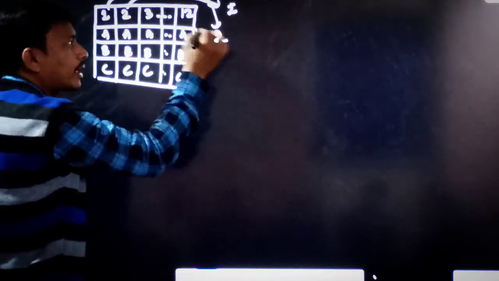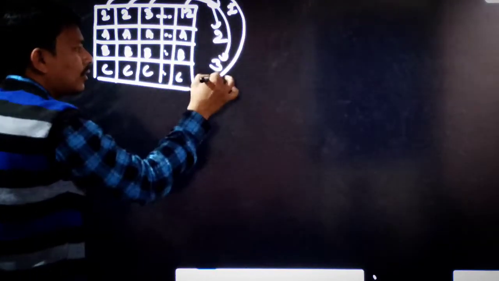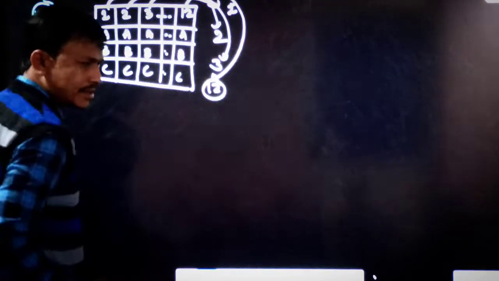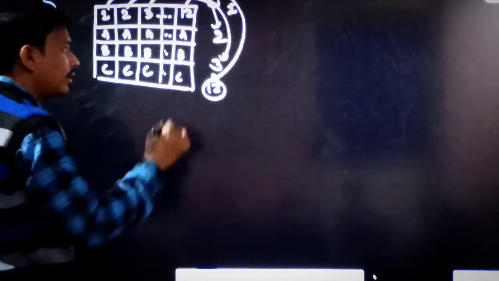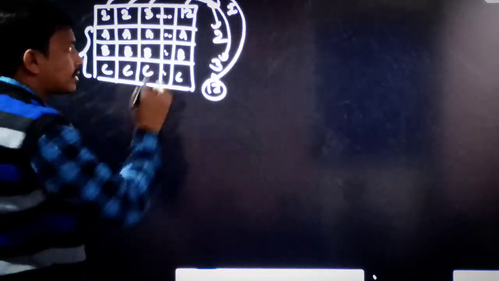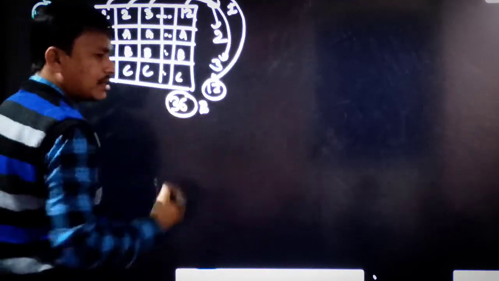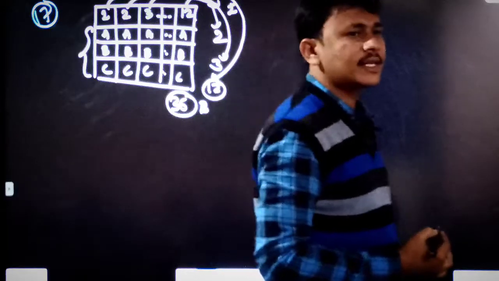First standard students must plant 1 tree, second standard students must plant 2 trees, third 3 trees, then 12th standard 12 trees. That means total how many batches are there? 3 into 12, 36 batches or sections.